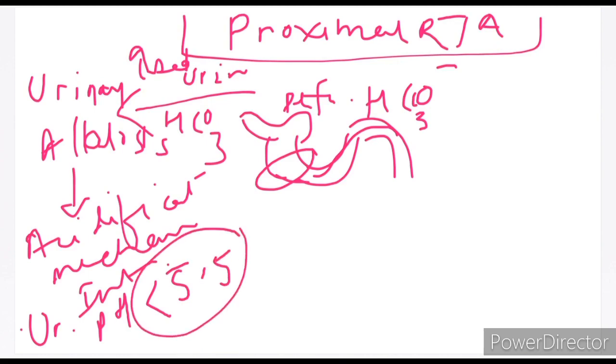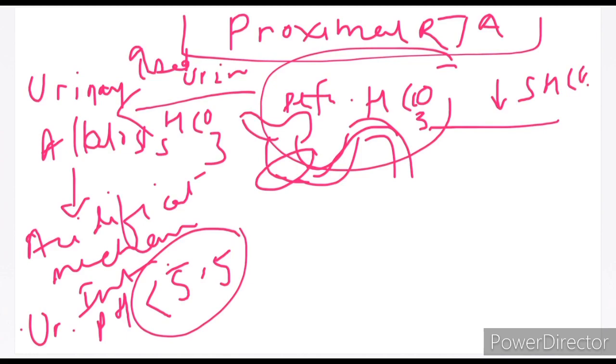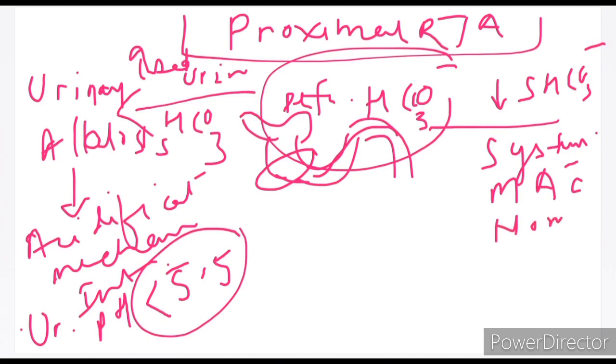And here we have defective bicarbonate reabsorption, so there is decreased serum bicarbonate, so there is systemic metabolic acidosis with normal anion gap.